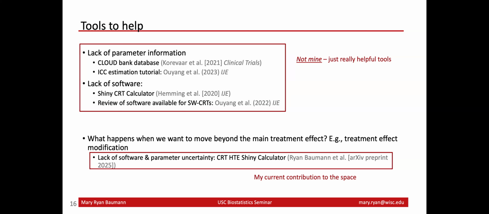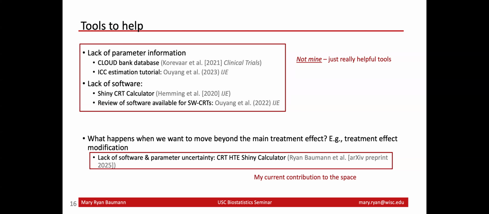We've also more recently been thinking about what happens when we want to move beyond trials that are just interested in main treatment effects and start thinking about how we can incorporate treatment effect modification, or treatment effects among subgroups, into cluster randomized trials.